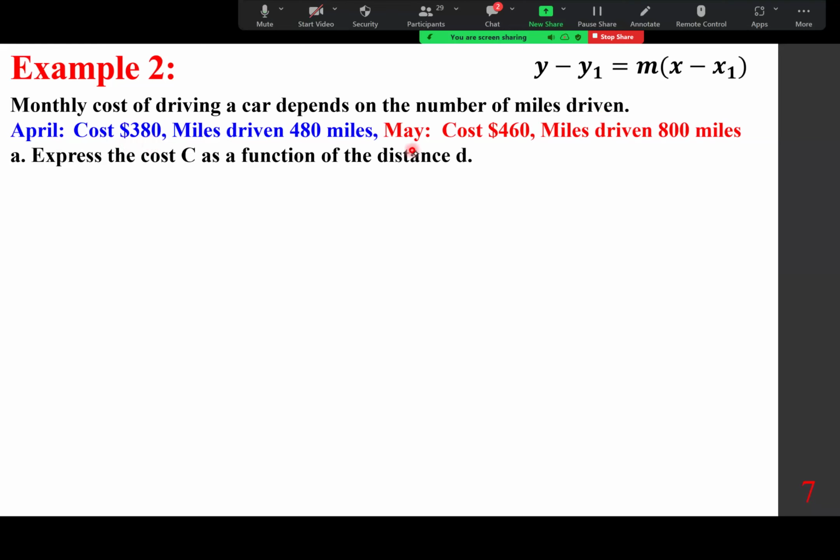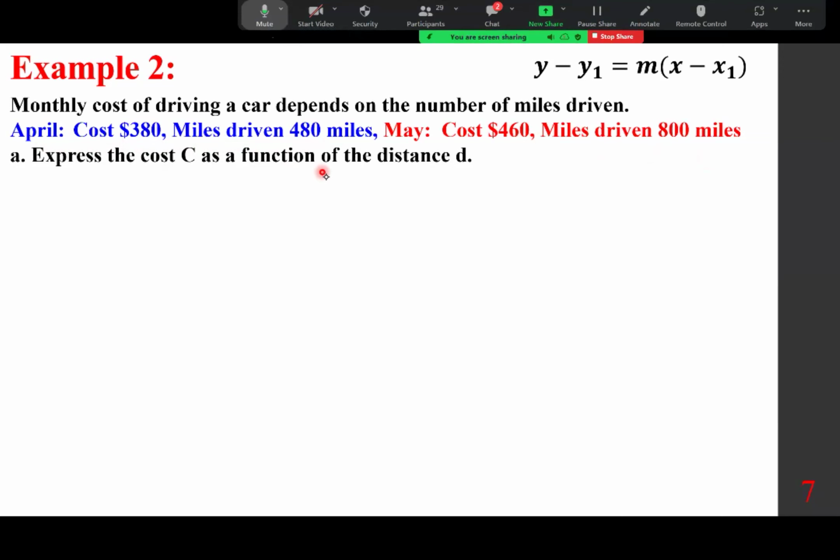In May, the cost is $460, 800 miles driven. All right, so again, in April, cost is $380, 480 miles driven. In May, cost is $460, 800 miles driven.